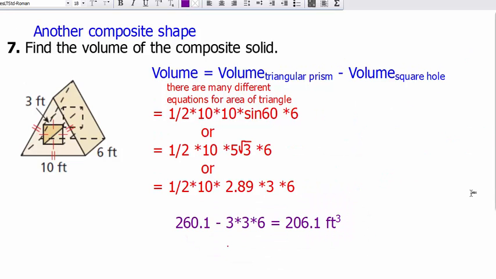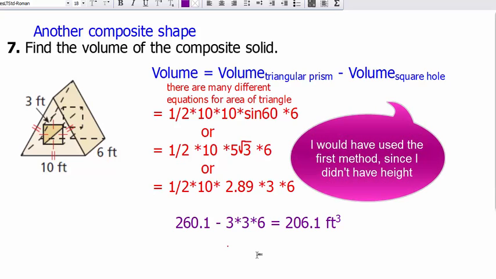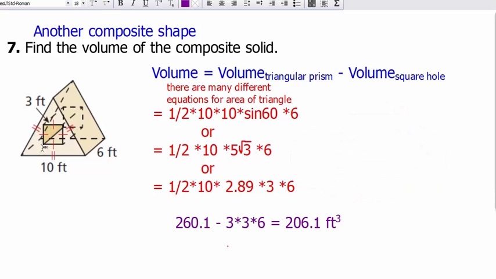So once we know which one we use for the triangle, all of these will find 260.1, and then I need to subtract the volume of the square hole, which has a length and a width that are equal and a height of 6. So this is 54, and we subtract that, 206.1 feet cubed. So those are the types of problems you're going to do today in the book.